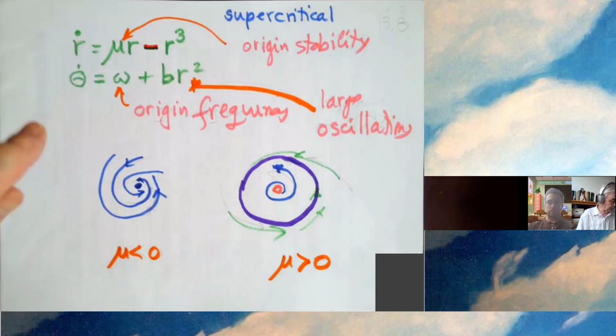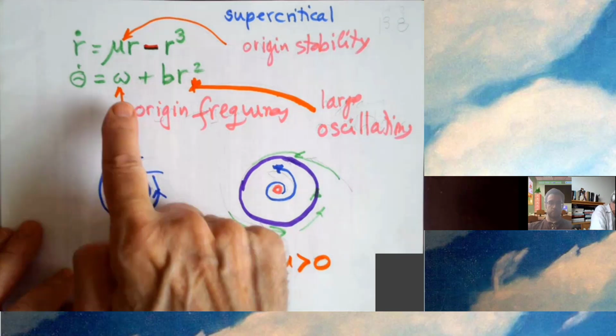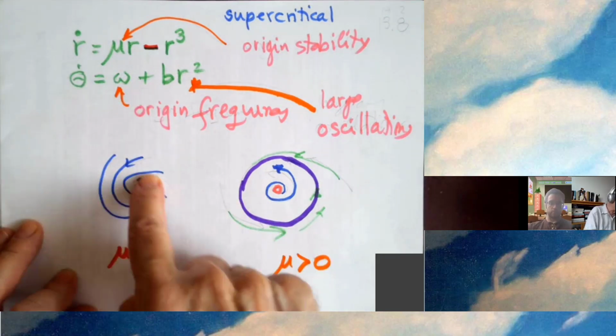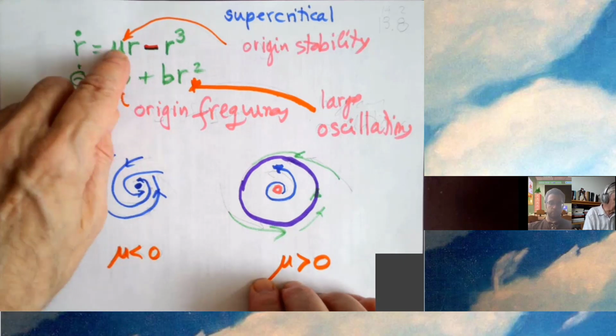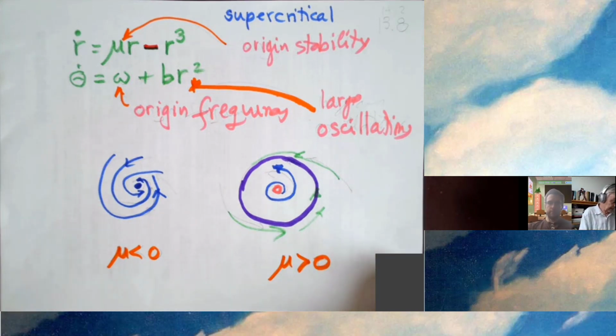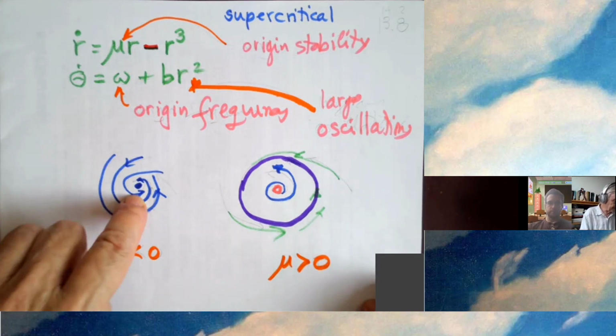So this kind of model will have, when mu is small, everybody is just going to run in because this is negative, and r is by definition a length. It's 0 or larger. So everybody runs in.